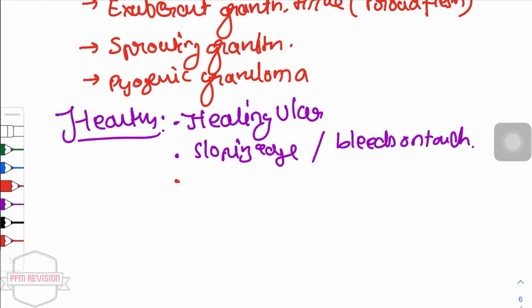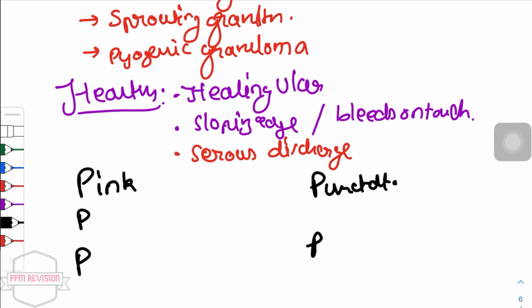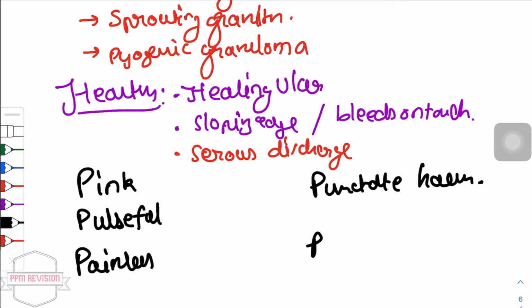It has a serous discharge, and an important characteristic is the 5 P's. So here it is pink, punctate hemorrhage, pulseless, painless, pink head granuloma.